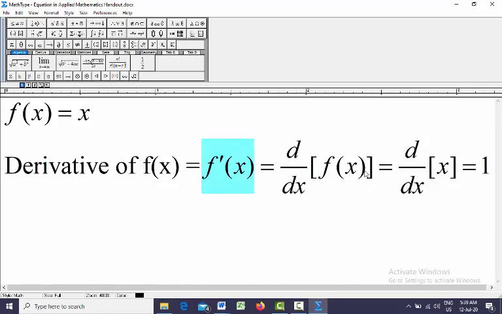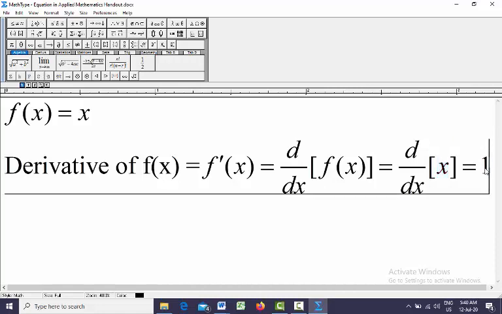Here the function of x is only x. The variable is x, and we have only x there, which means the answer will be 1. Right.